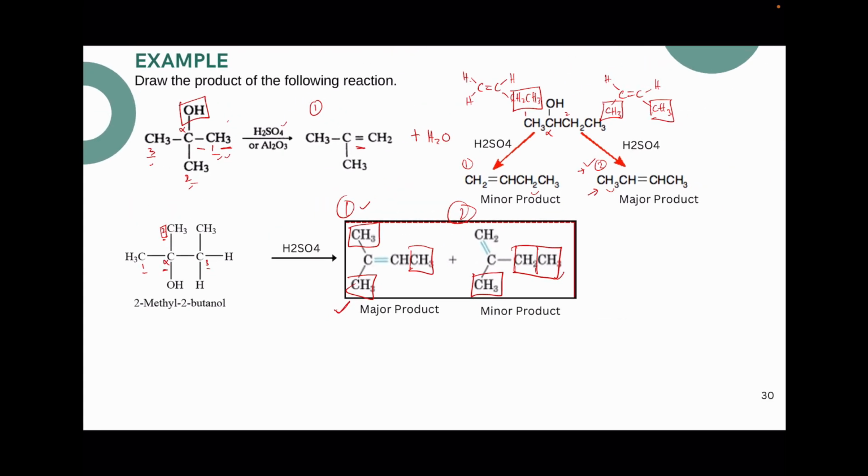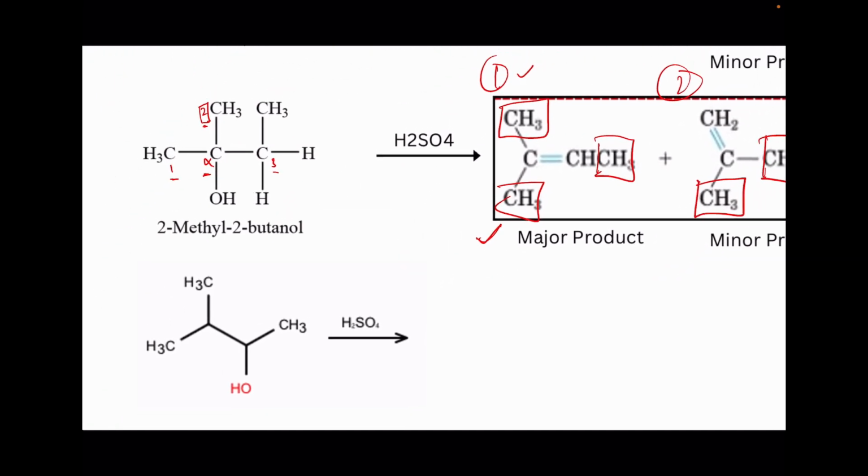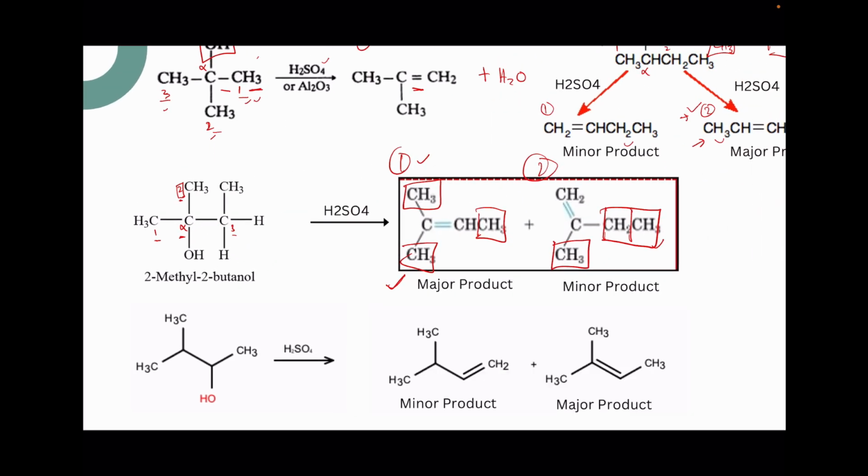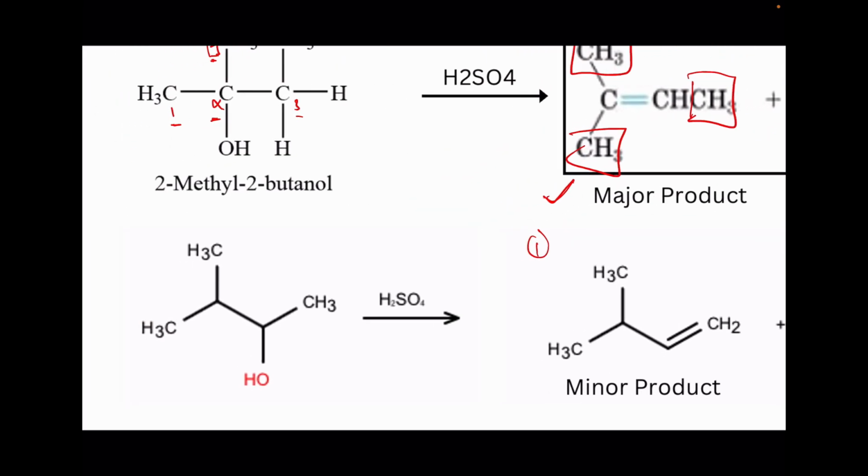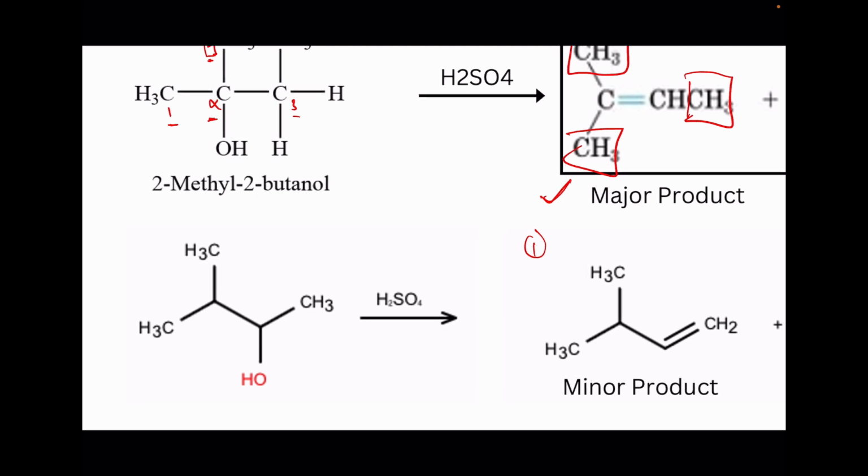Next, we look at the last example for the following reaction. When 3-methyl-2-butanol goes through the dehydration, you will get the products like this: the first structure and the second structure. Same step: the carbon attached to the hydroxyl group becomes the alpha carbon.